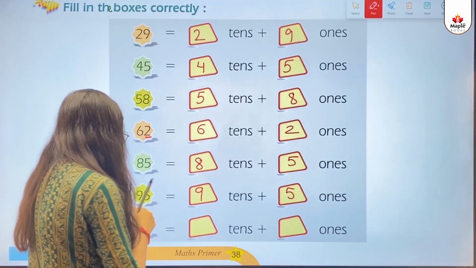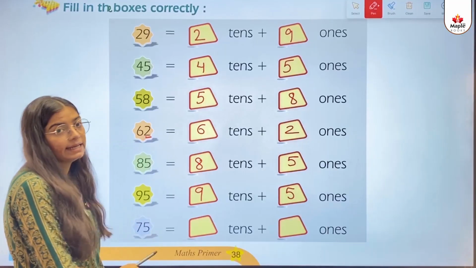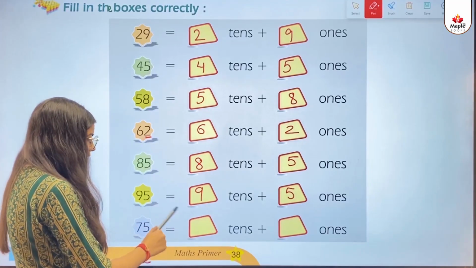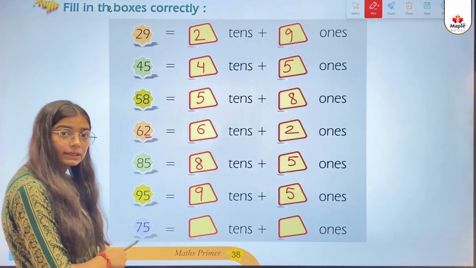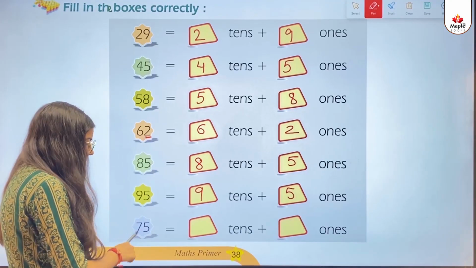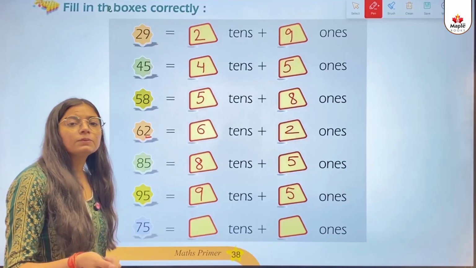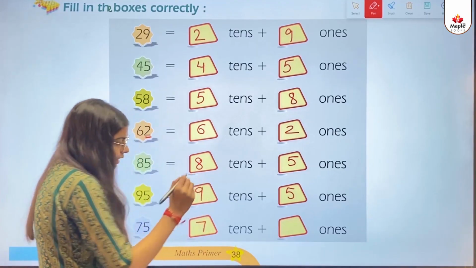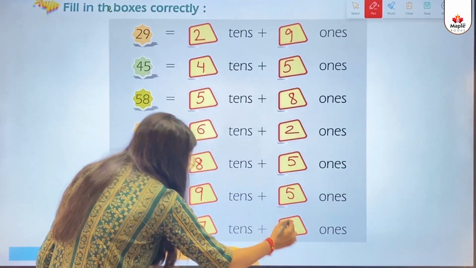Clear? Then, 75. What do we write here? 7 is on the tens place and 5 is on the ones place. So, we will write 7 here and 5 here.